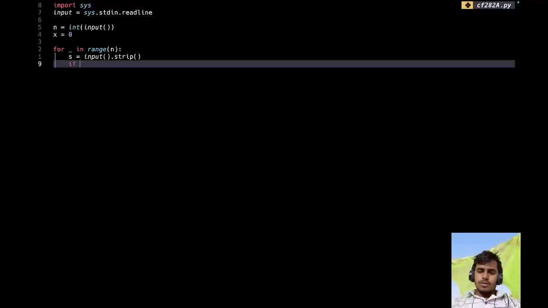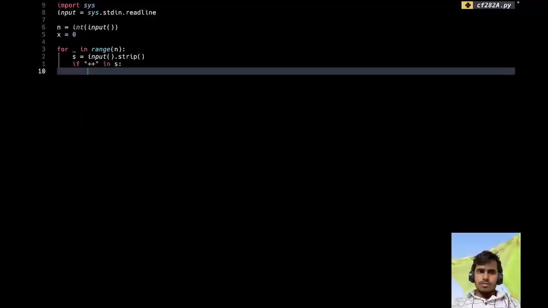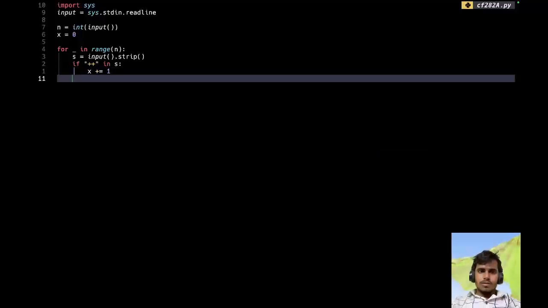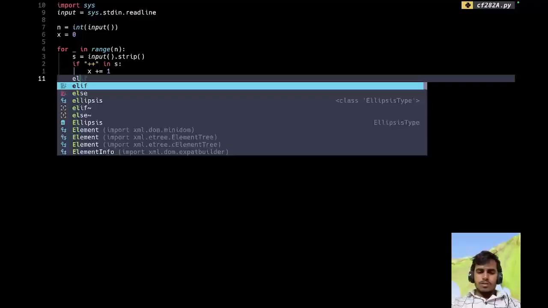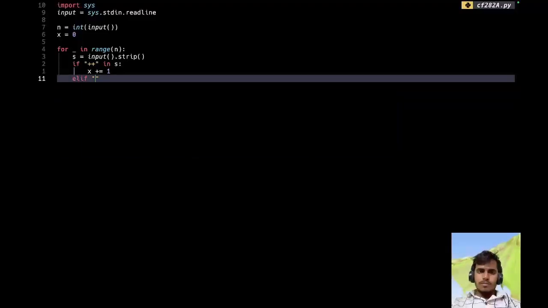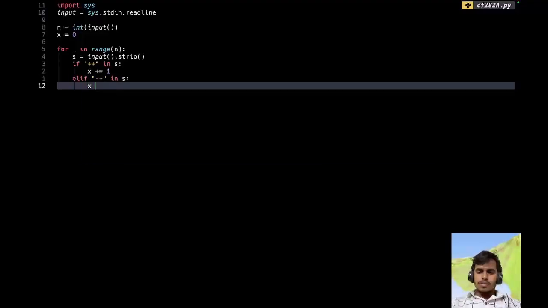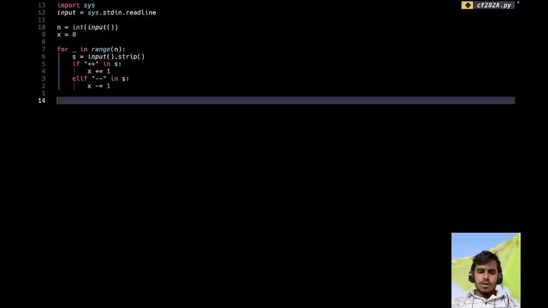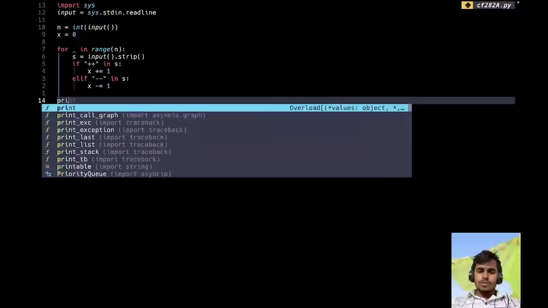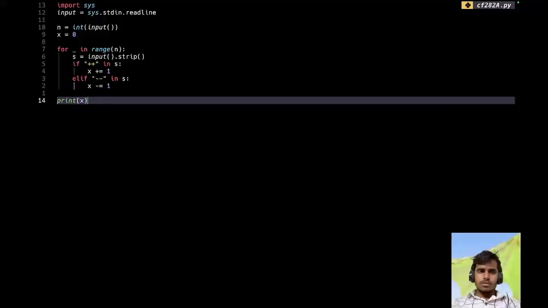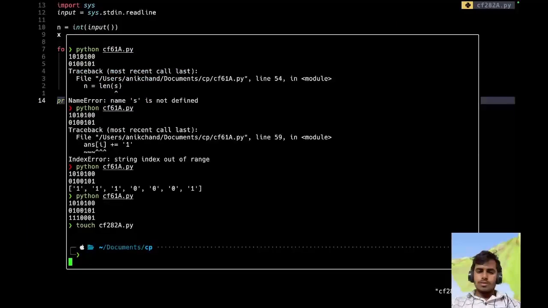If plus plus is in s, x plus equal to 1, elif minus minus is in s, x minus equal to 1. And after the loop, print x. Python 3.